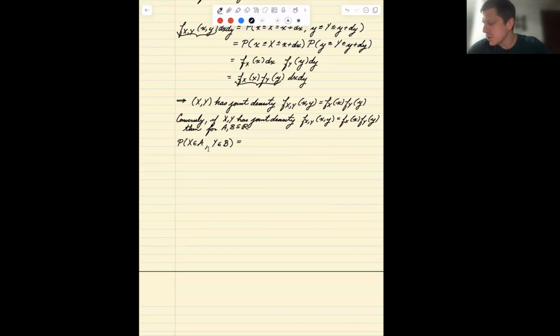Well, here we're given the joint density, so this is a double integral, as we've seen before. But the joint density is the product of the densities.